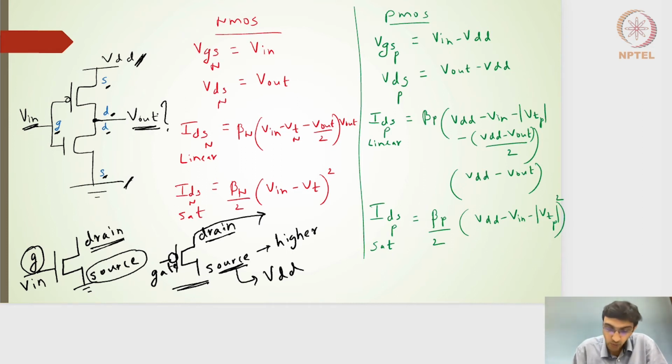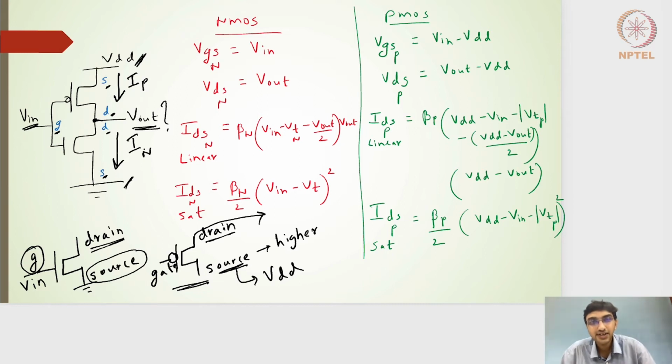Right. So we should be able to find out the output voltage if we can identify the currents, right? If we can write an expression for the current of the PMOS and the current of the NMOS.